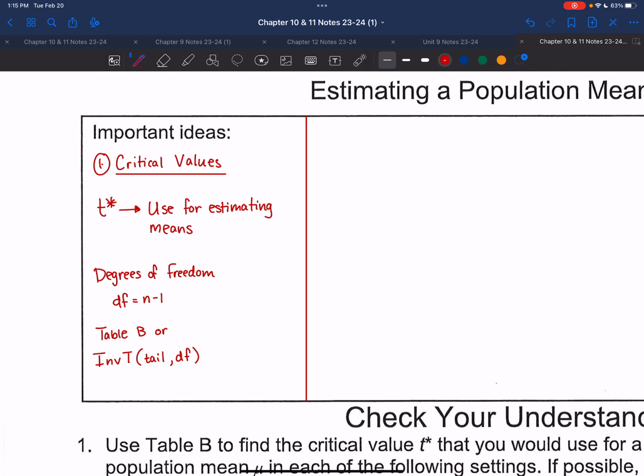And then bullet point number 2 are your conditions. You need to show that it's a random sample or assignment.